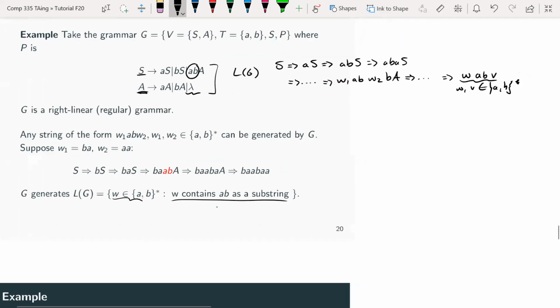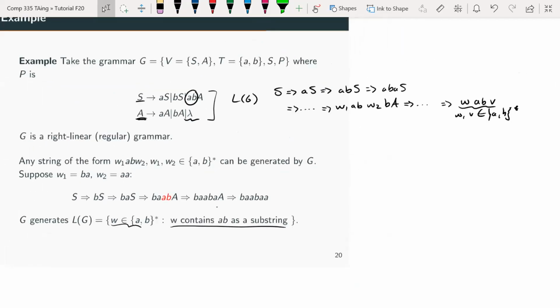So just to give you another reason why this is happening, you can see this as a form of FA. If you have your initial state, which is your start variable, you can read an a and go back to S, or read a b and go back to S. So you can do that here.